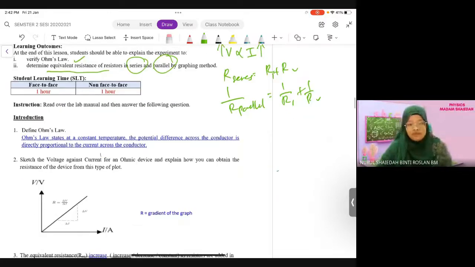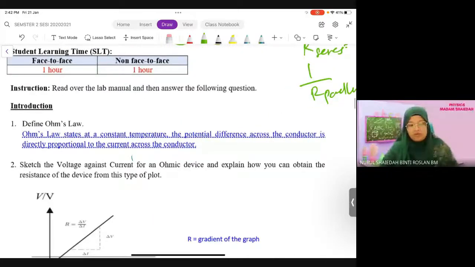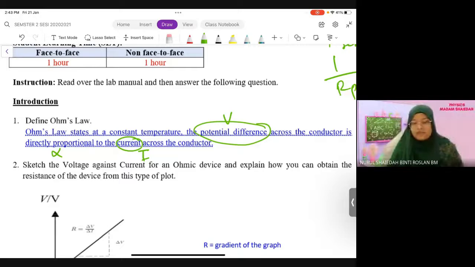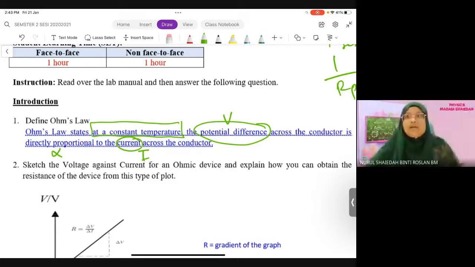Okay, so introduction. What is Ohm's law? So Ohm's law states at constant temperature, the potential difference across the conductor is directly proportional with the current. So the word mentioned dia mesti ada perkataan at constant temperature, because when you increasing the temperature, dia punya R pun akan berubah. So because R adalah depend kepada temperature. So dalam case you constantkan the temperature.